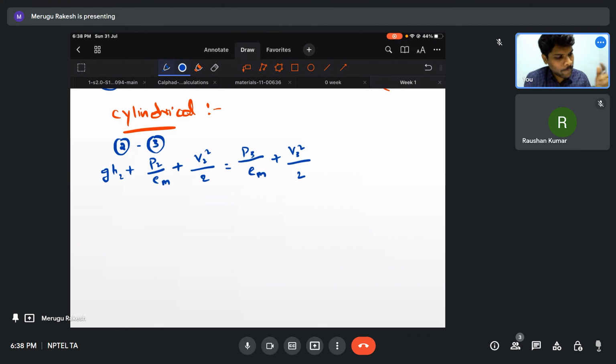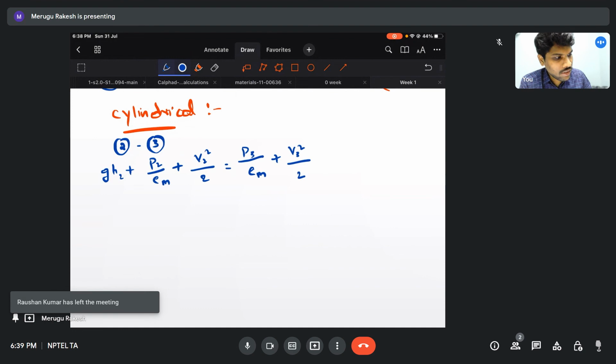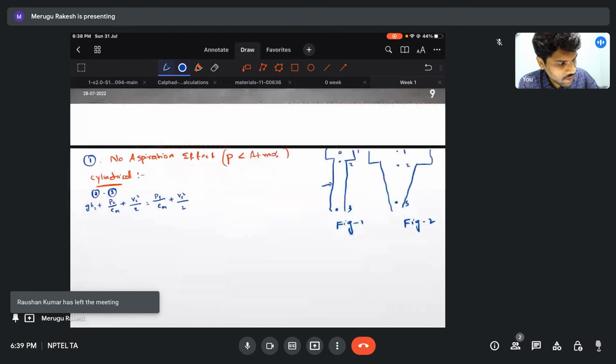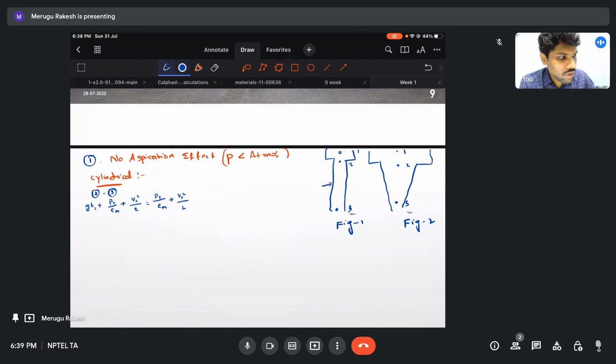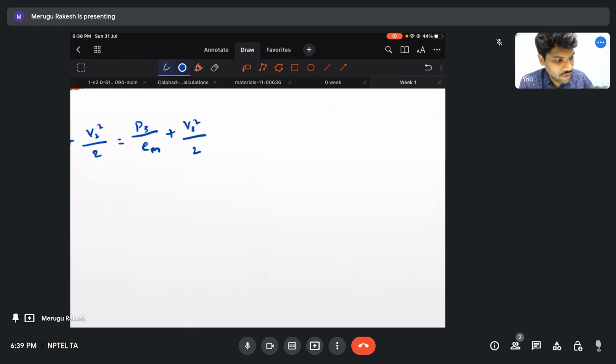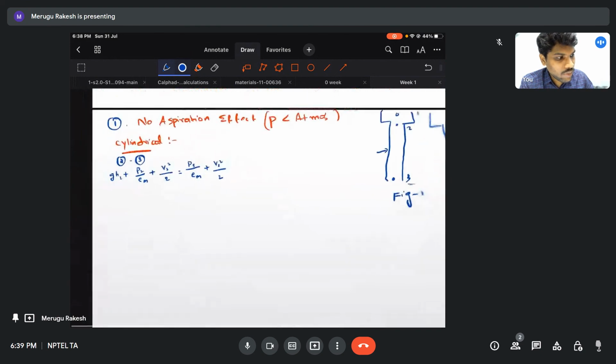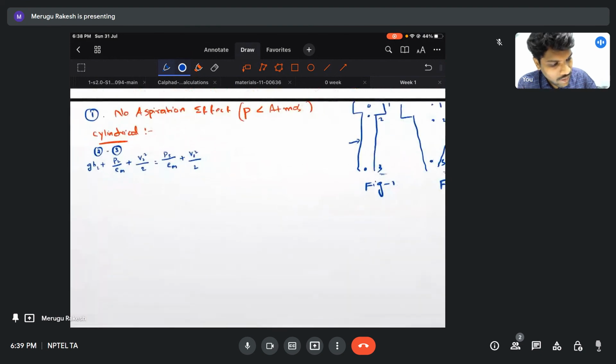Now P3 is the critical point, because at 1 we have atmospheric pressure, and at 2 also more or less, but at 3 it is inside the mold, which should not be a vacuum or negative pressure. So in the ideal case, I am taking P3 as 0.